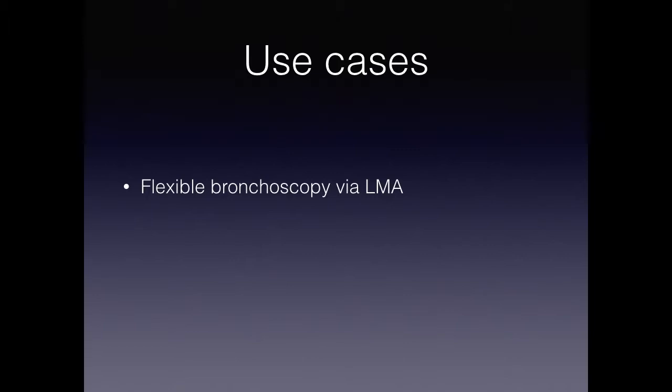I come into the room and the resident says, oh, it's great, the end tidal CO2 is 22. Right, okay, no, it's the midstream end tidal CO2 that is 22, and you don't know what the arterial CO2 is.